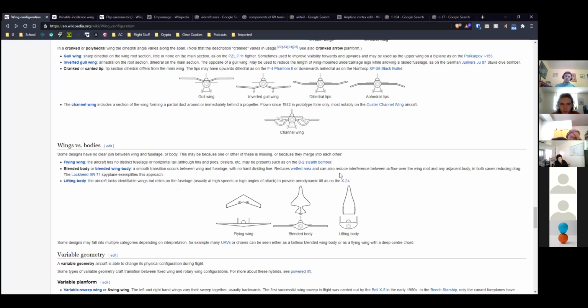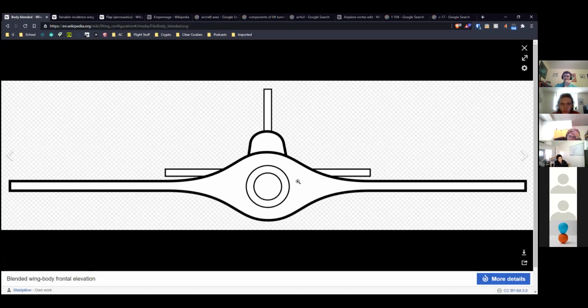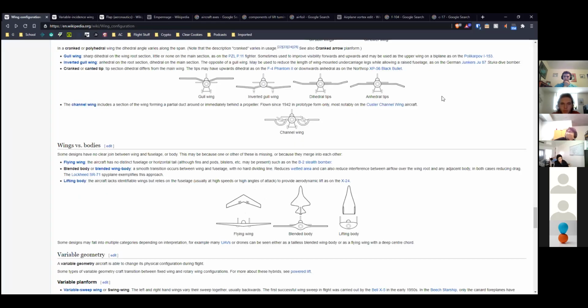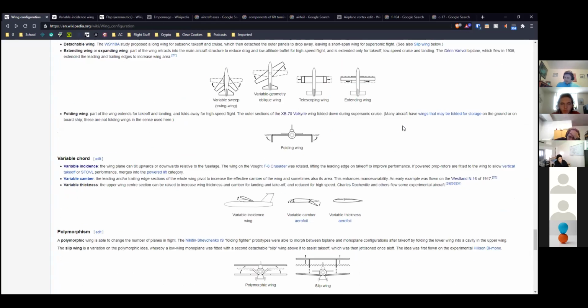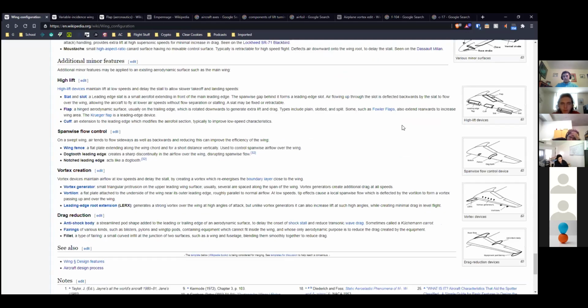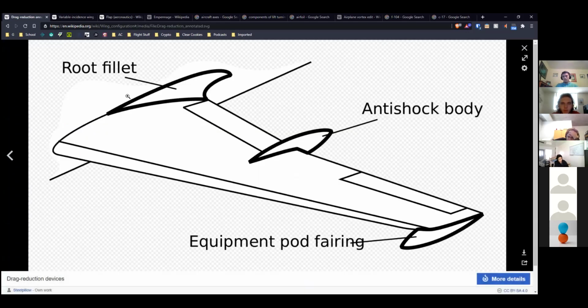Yeah, so a blended wing body definitely has much lower interference drag. I mean, the actual wing to body itself, I would assume, has basically no interference drag or very negligible interference drag. And most planes do actually have some kind of interference drag reduction in most places.